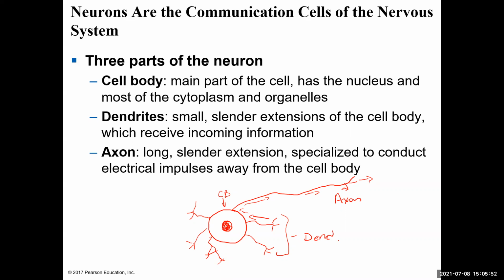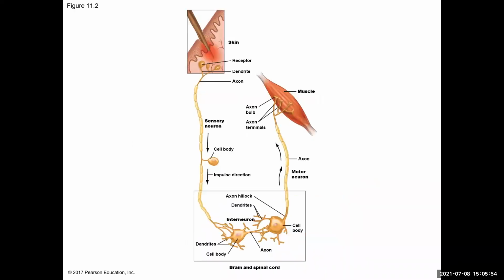Okay. So here's a figure that shows a couple of neurons working together. So you have, say, a puncture from a splinter here. You have receptors that are picking up that stimulus that will carry it to a dendrite, that will then carry it down to the axon.